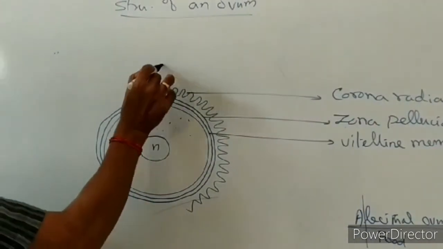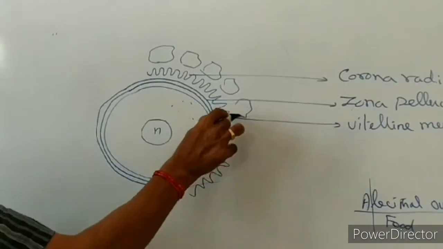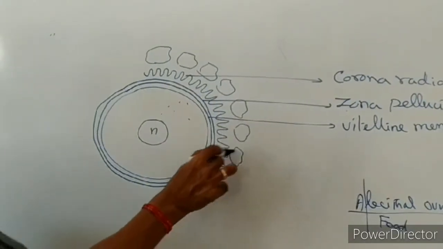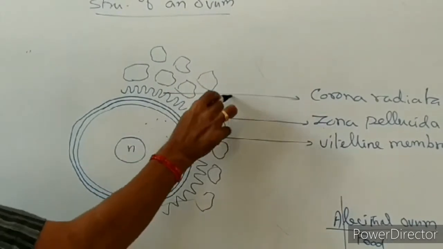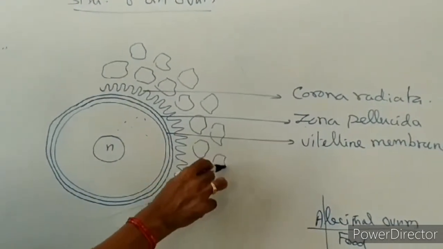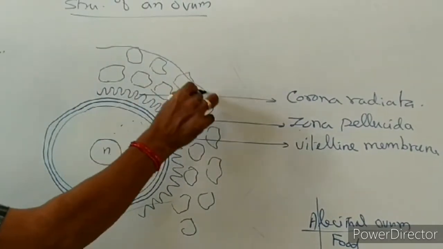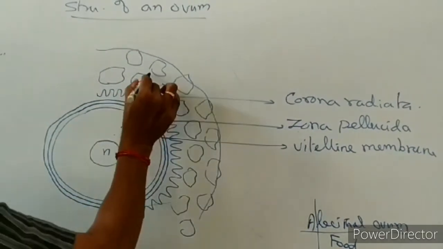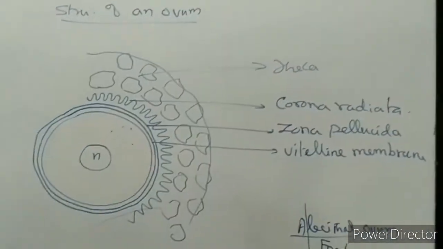Outside the corona radiata, there are two layers of cells with liquid in between. We have studied this already. This is called the theca. The outer layers are called the theca externa. The inner layers are called the theca interna. At the outermost region, one thin membrane will be formed. Now this is the structure of one ovum.